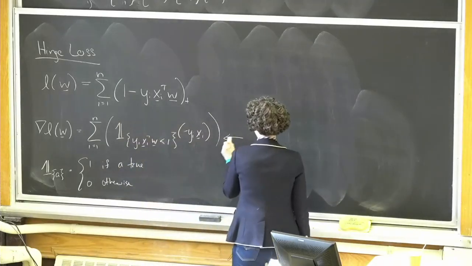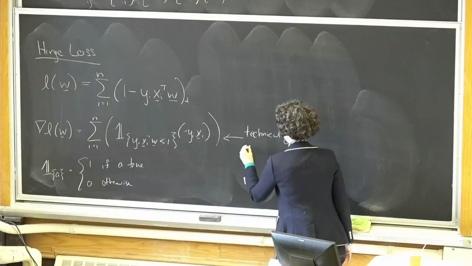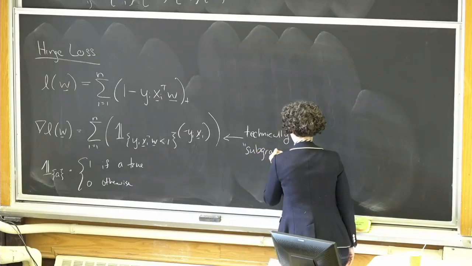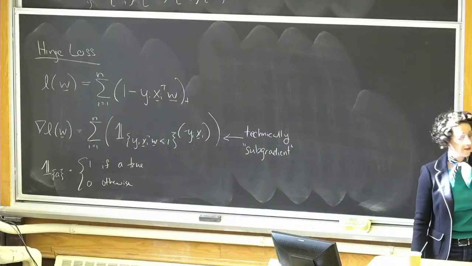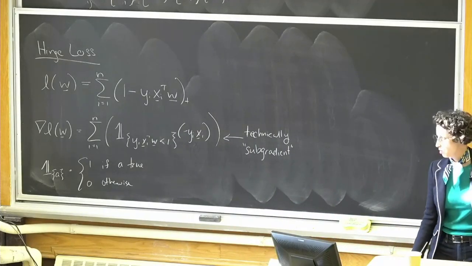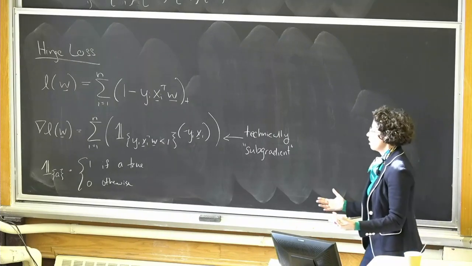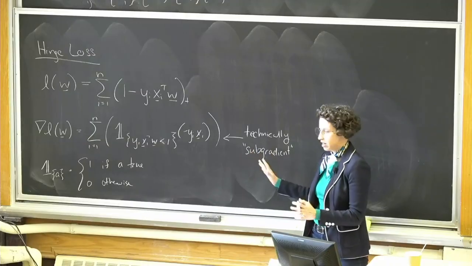And this thing here technically is not a gradient, but it's called a subgradient. Because, as you might have guessed from the plot, it's not differentiable everywhere. It's not differentiable at 1. It's differentiable everywhere else. So when we talk about doing gradient descent, often we will use this subgradient instead.